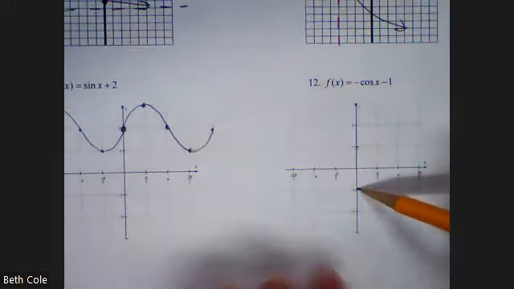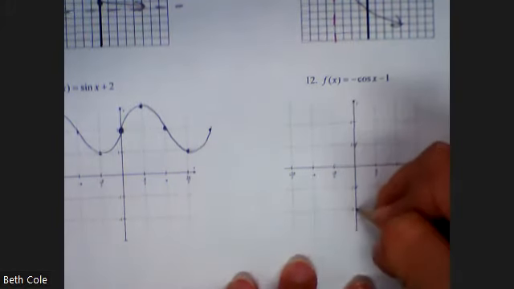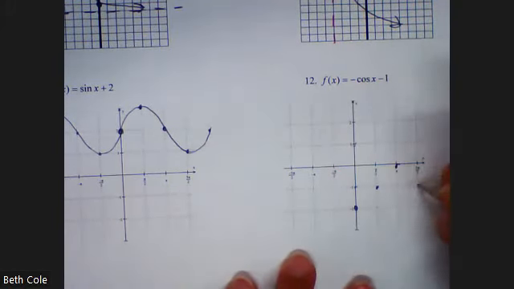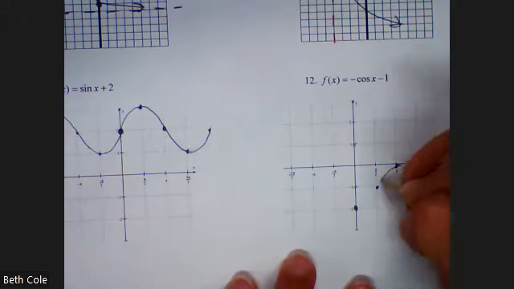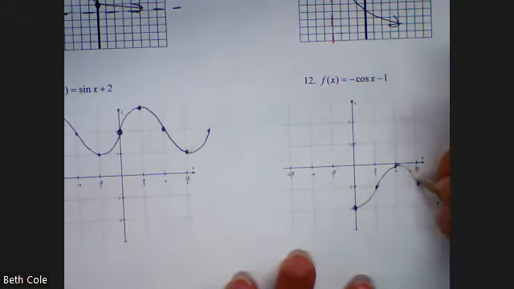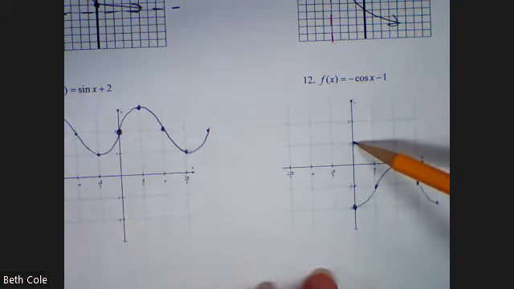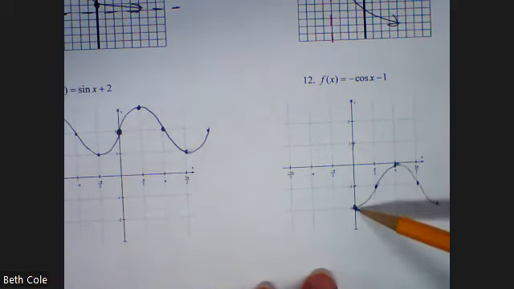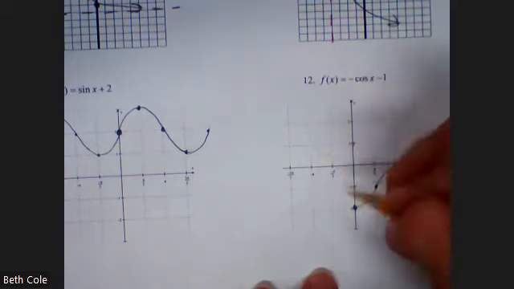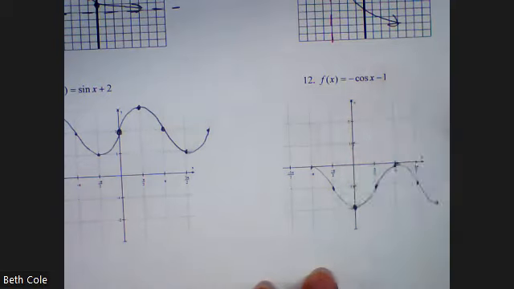That's the negative. And then it moved down 1 more. And then you can wave from there. So it usually starts up here and goes down from that, but it's reflected and we moved down another unit. That's going to do something like that.